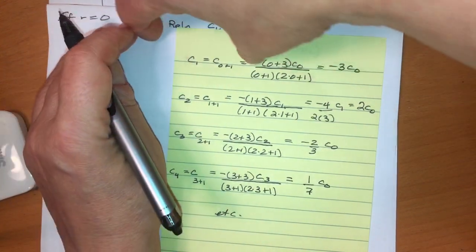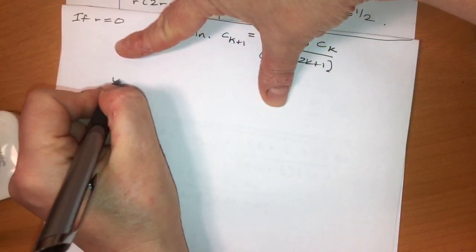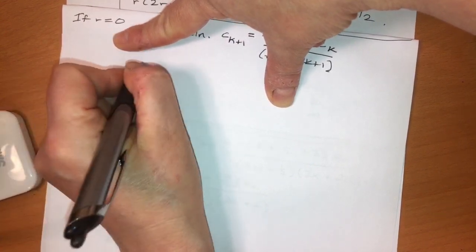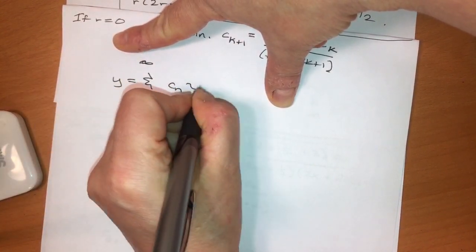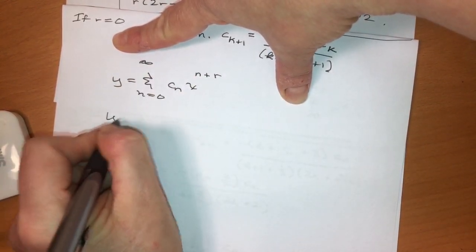And from there, you get your solution, which is, remember, you assumed that you had a series solution. Here r is 0.